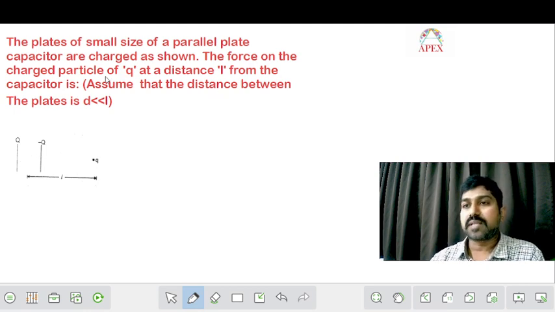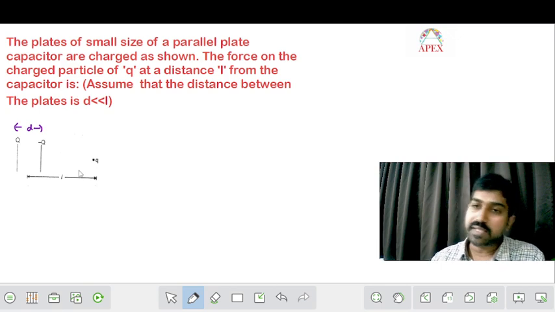The force on the charged particle of Q at a distance L from the capacitor is, at some distance L, some small charge was taken Q. And it is also given here that assume that distance between the plates is D, which is very less than L.